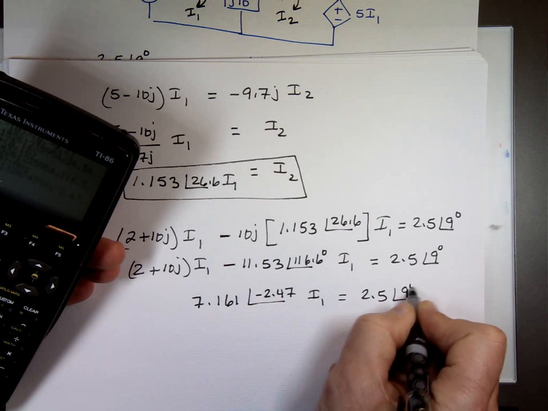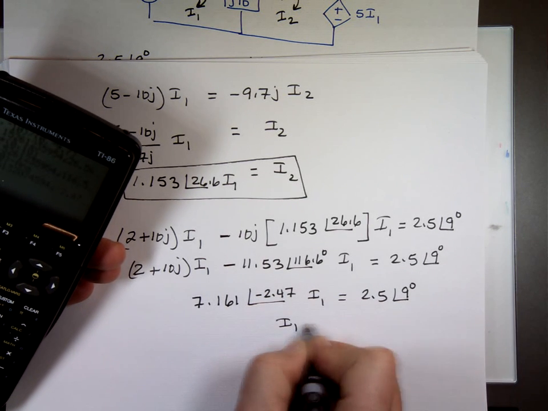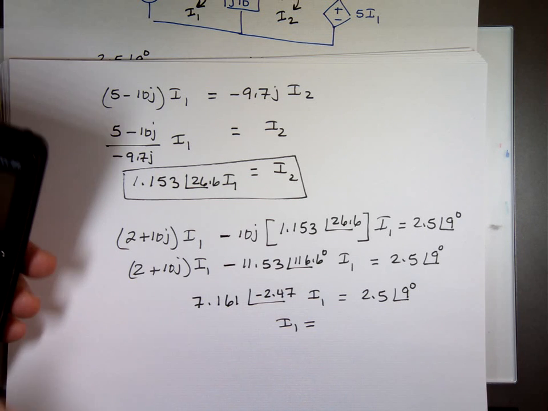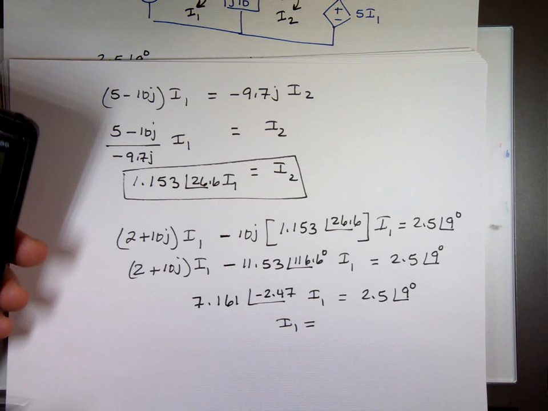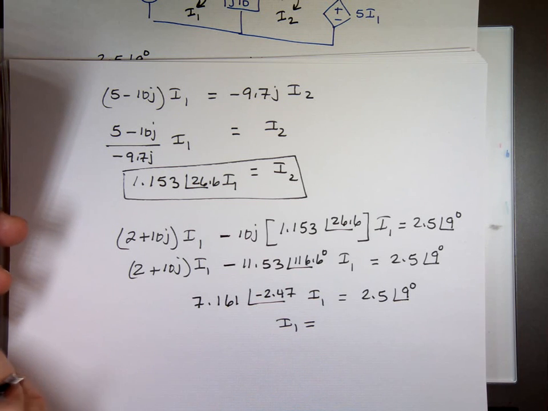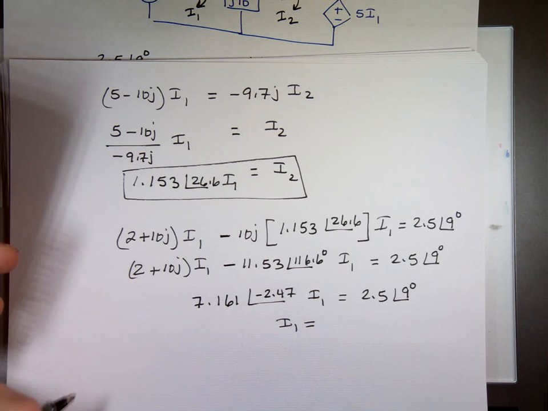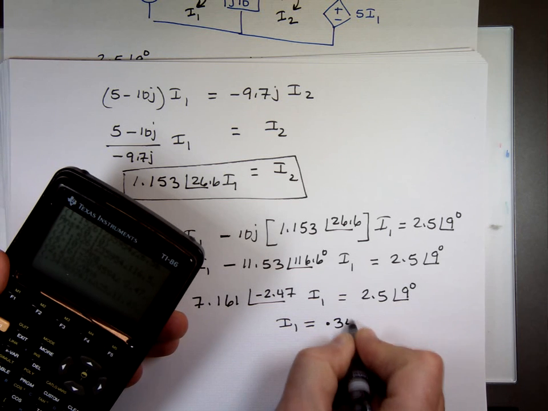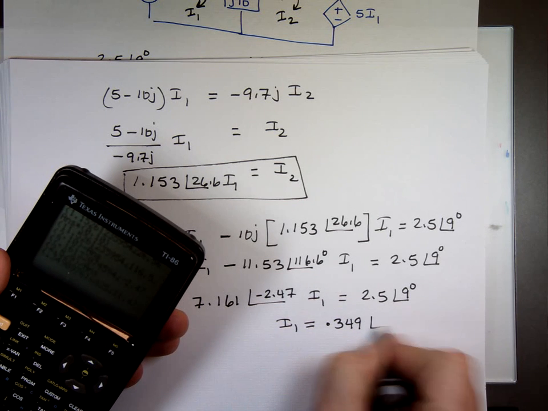What is I sub 1? Divided by the answer. 0.349 angle 11.5 degrees.